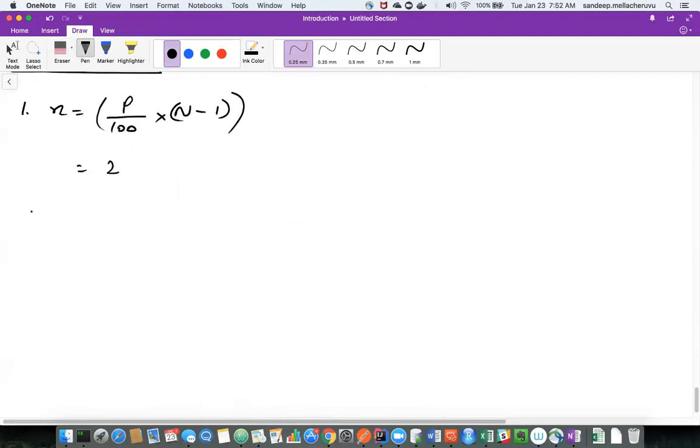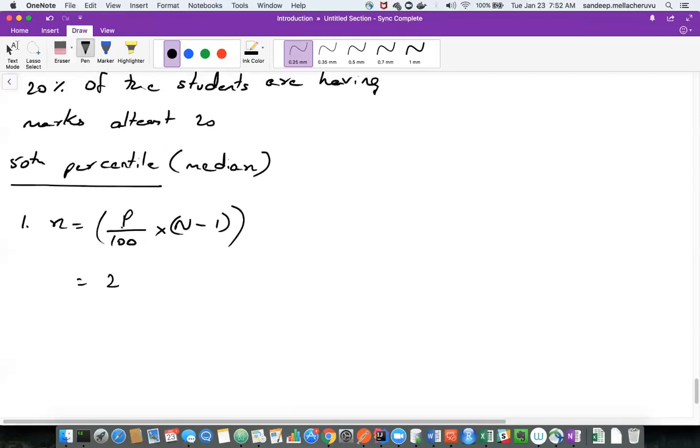Now, this is about the percentiles, but percentiles could be extended in a more generic way. What we did here is divide our percentile value by 100, right? It means that we are dividing your entire data into 100 parts, and we are asking at what part our data lies.